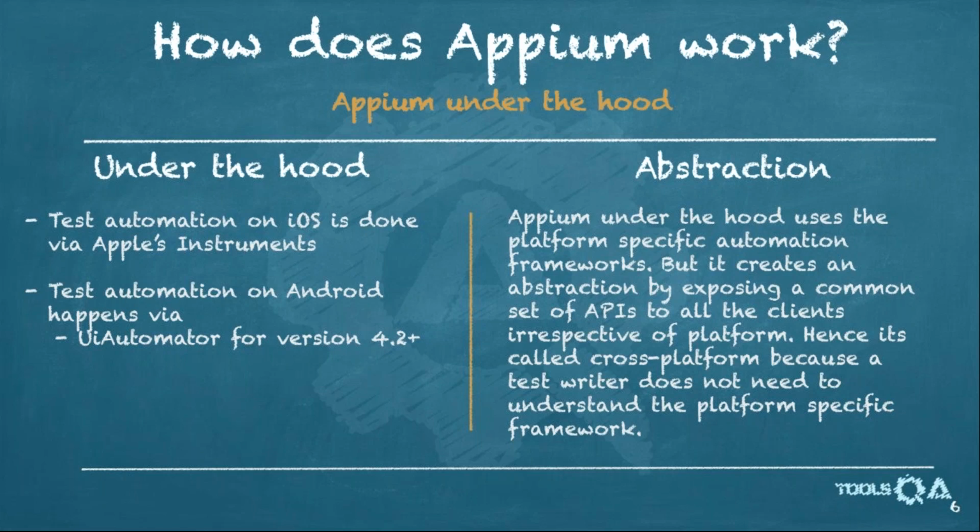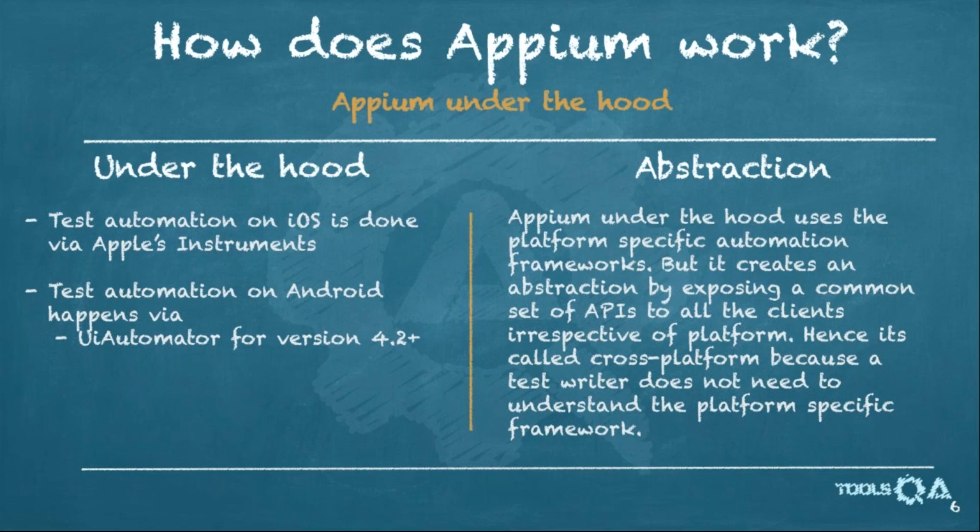Appium provides that to us, and we are going to leverage Apple Instruments to actually interact with the device. So when we talk about Appium, we are actually working on a real device, or simulator or emulator, okay?